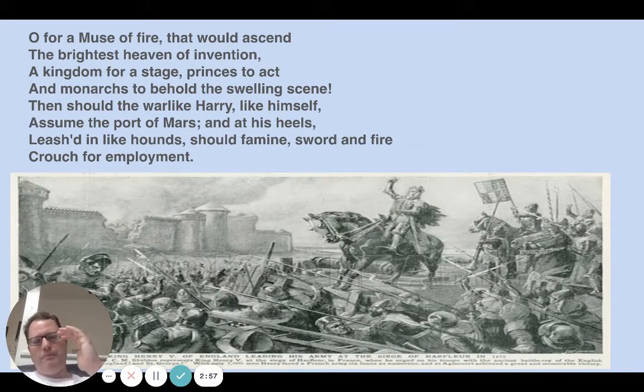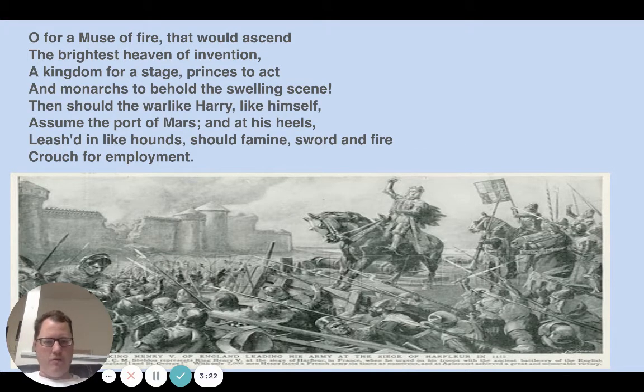First of all, it begins like an epic poem. This is such a huge thing, the narrator says, that I need to pray to the muses, the gods of inspiration that Homer and Virgil pray to. Oh, for a muse of fire that would ascend the brightest heaven of invention. A kingdom for a stage, princes to act, and monarchs to behold the swelling scene.